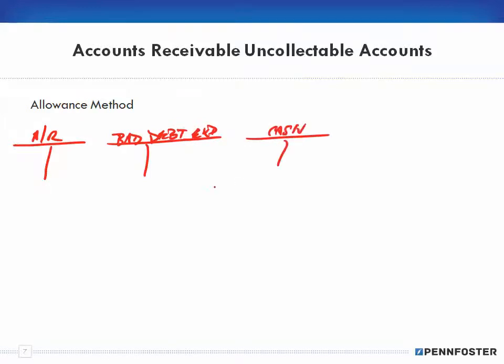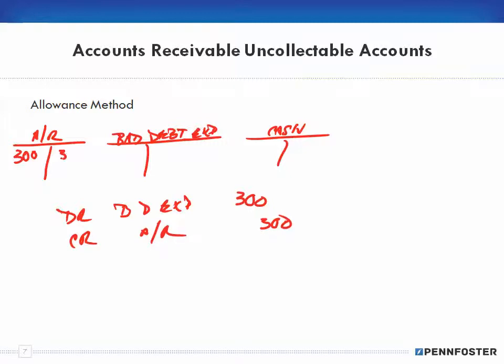Without going into a lot of detail, if we had a $300 accounts receivable, when we made the journal entry, we would debit our bad debt expense account for the $300, and we would credit the accounts receivable for the $300.